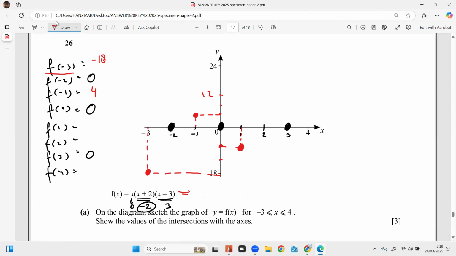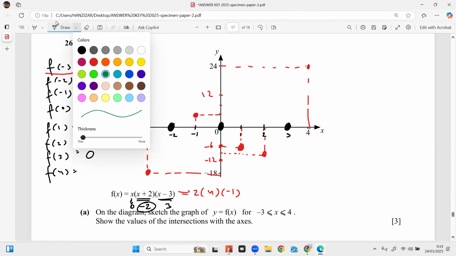You are not allowed to use calculator one more time. 2, 4, -1, -8. Okay, -6, -12, -8 is about here. And then 4. I think if 4, we get 24. Yeah, you can test later. So all the points are connected.